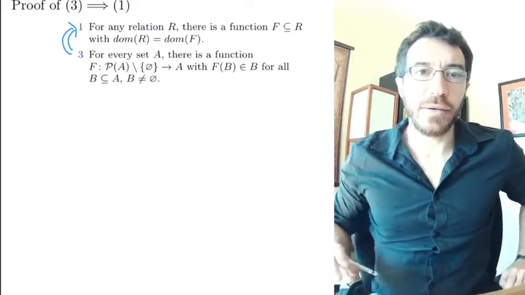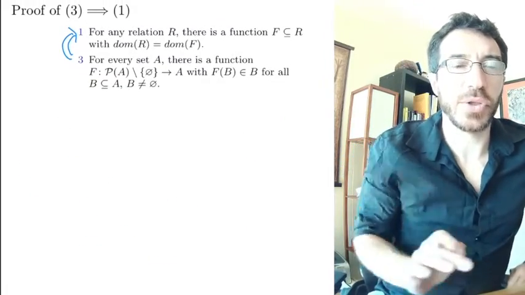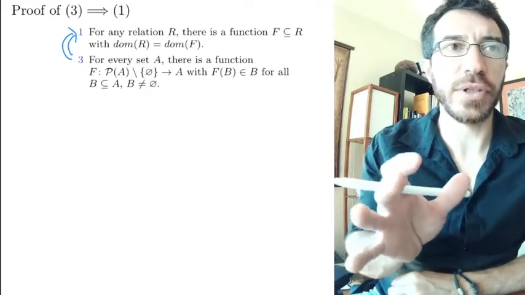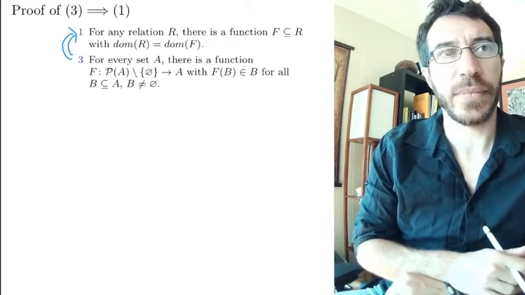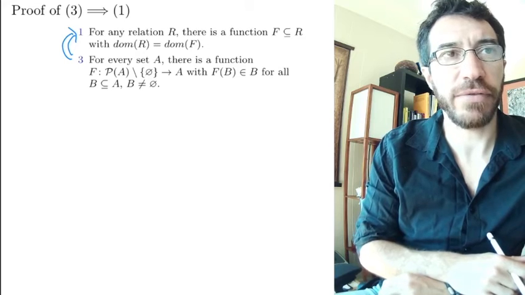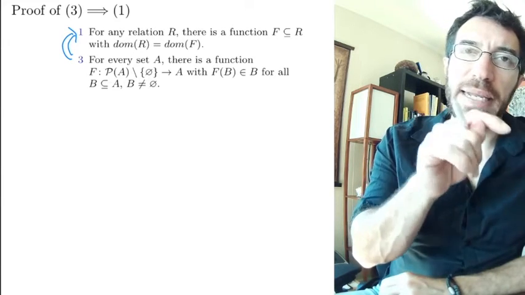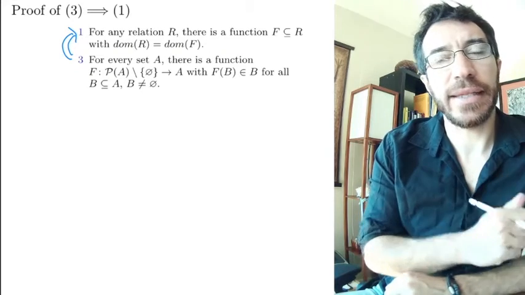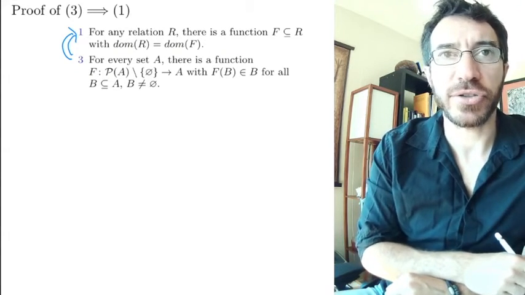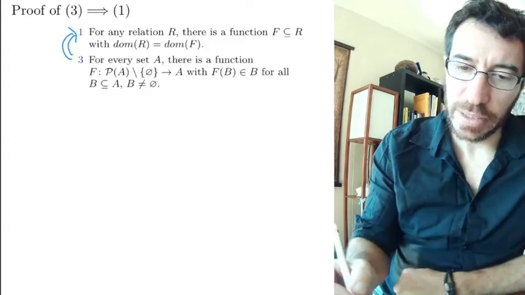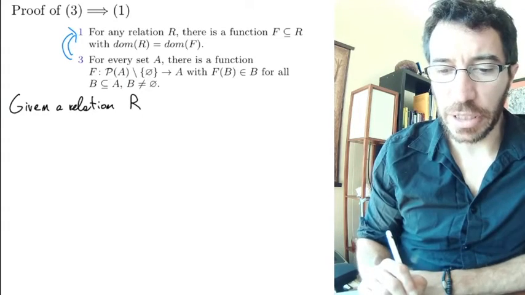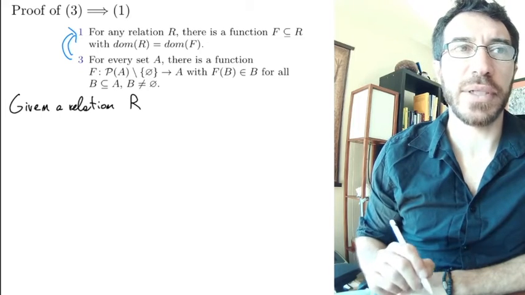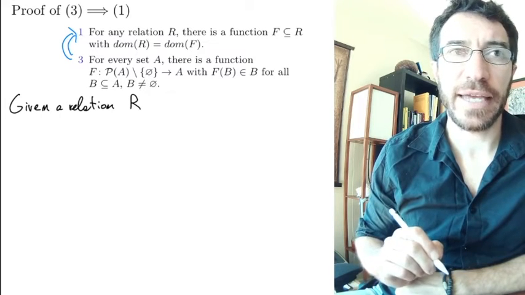And finally, to close the circle among the first 4, we need to show that 3 implies 1. So now we know that for every set A there is a function that picks an element from each subset, and now we want to get that every relation has a subset that is a function. So we are given a relation R, we want to define F, and we want to figure out what this set A is.